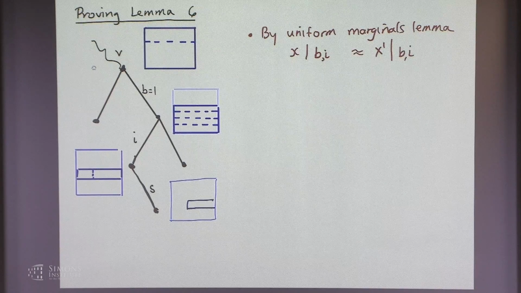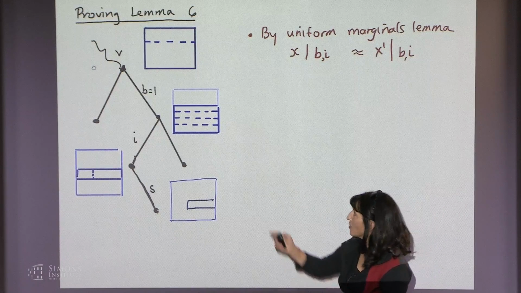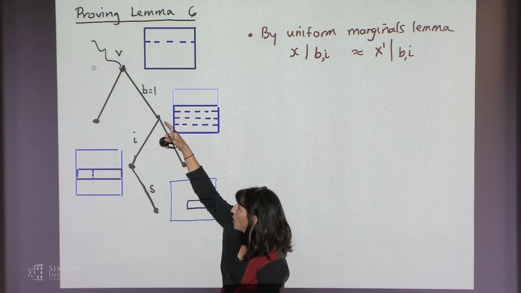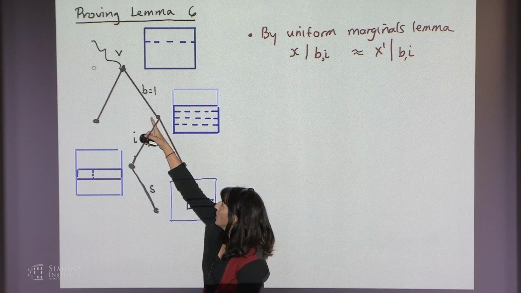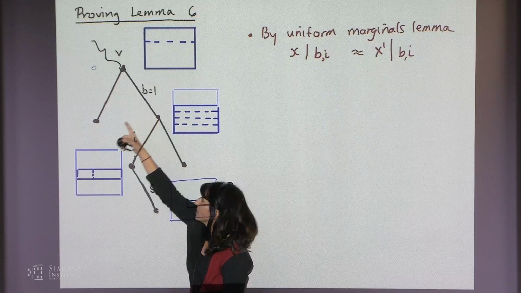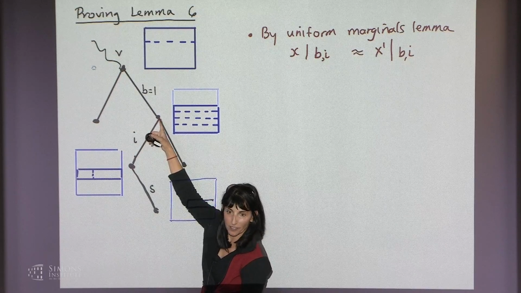So this is just a picture of one communication step where Alice speaks. We're at some vertex v in the middle of the communication protocol, the refined one. Alice speaks. She sends a bit, 0 or 1. That partitions X into two pieces, and now she possibly has to do density restoration.